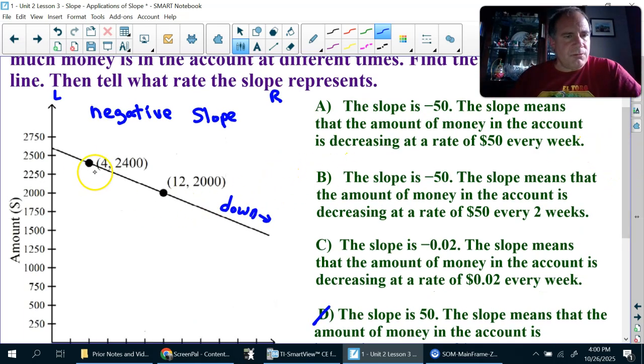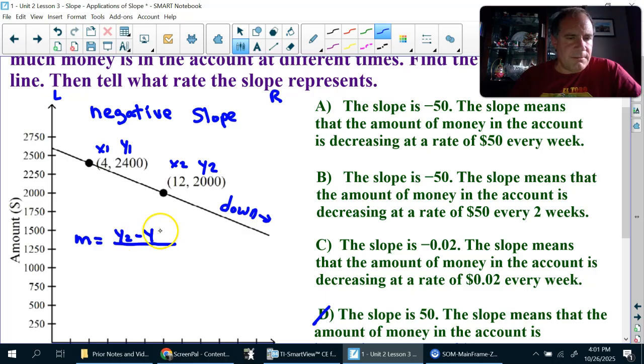Let's see. So I'm going to just put x1, y1, x2, y2. It's the first thing that I'm thinking of. So this right here is now my y2 minus y1 over x2 minus x1.